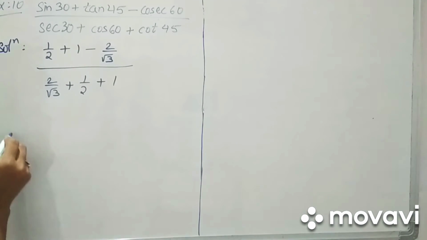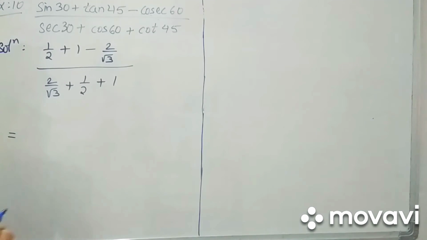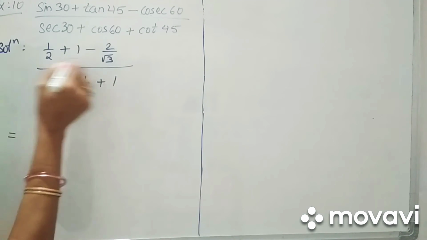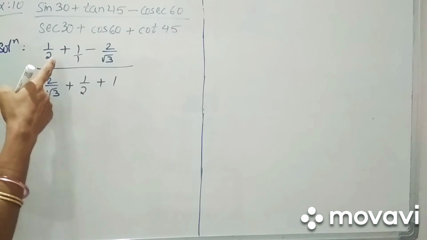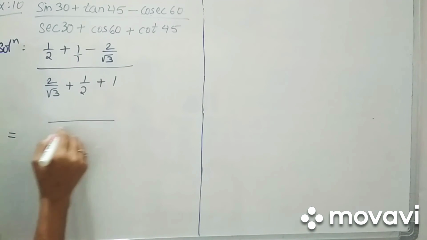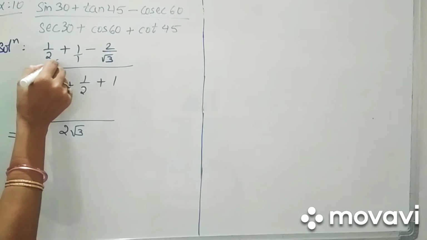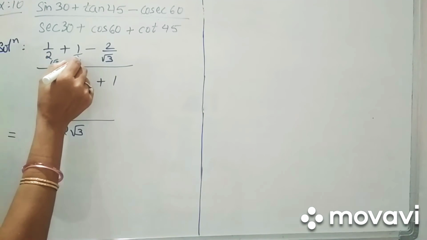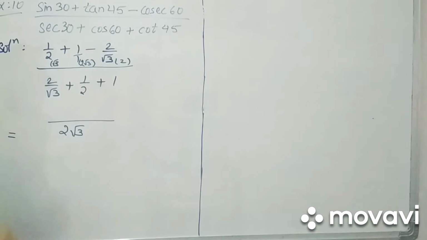Now simplify the numerator and denominator. We cannot directly add any of the terms because the denominators are different, so we will take the LCM. The LCM is 2 root 3. Multiply the first term by root 3, the second term by 2 root 3, and the third term by 2.